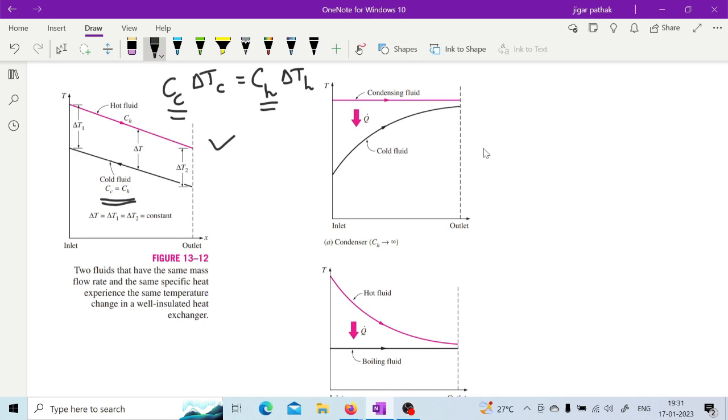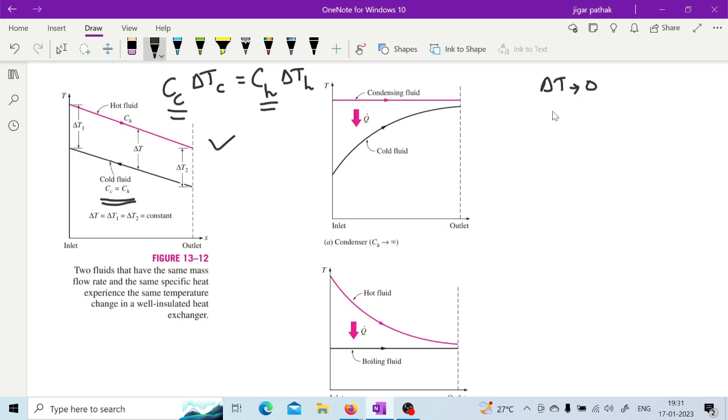While in some specific heat exchangers like boilers and condensers, there is a phase change. When phase change takes place, the delta T is zero, so the heat capacity in that case goes to infinity.